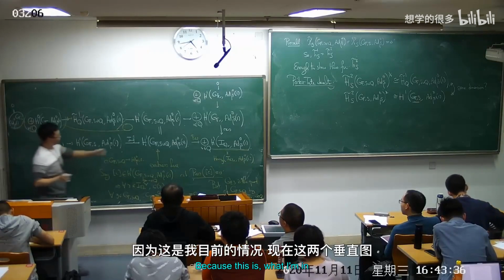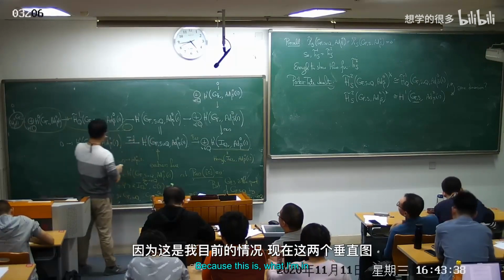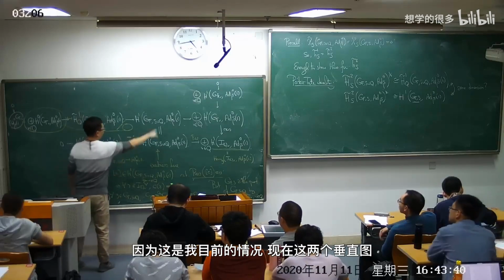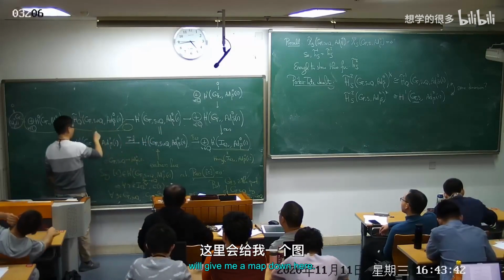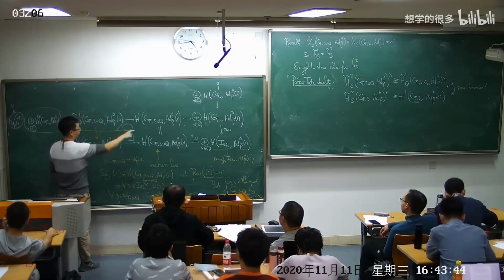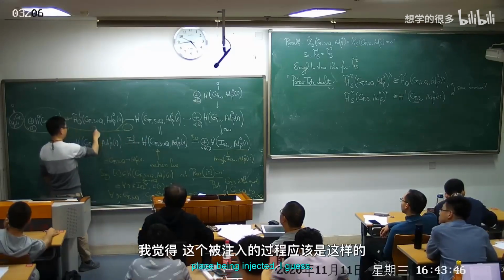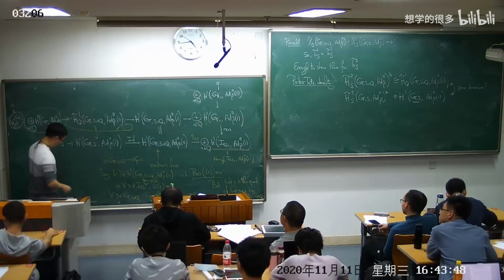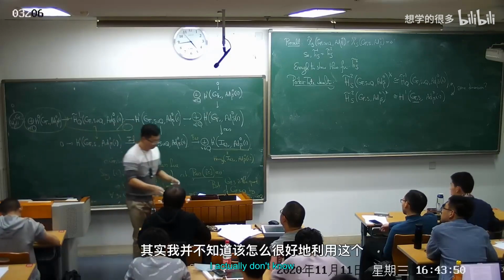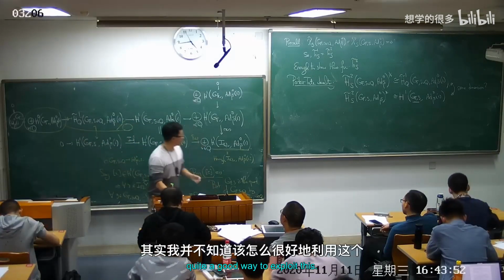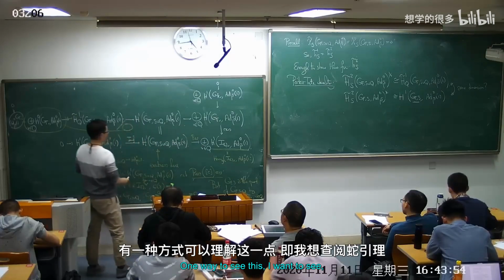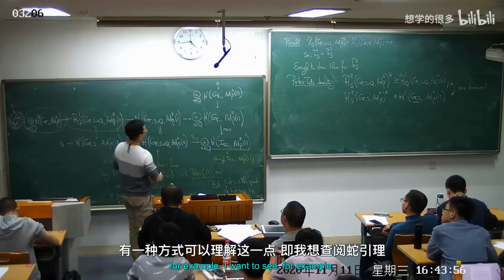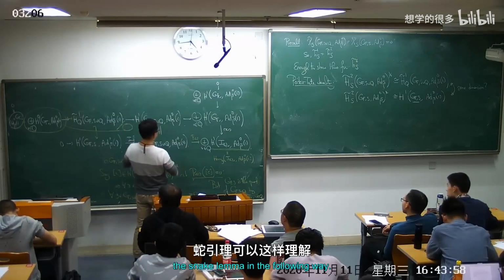Now, when I'm in this situation, these two vertical maps will give me a map down here. And this being injective implies this being injective. I actually don't know quite a good way to explain this. One way to see this: I wanted to see the snake lemma in the following way.